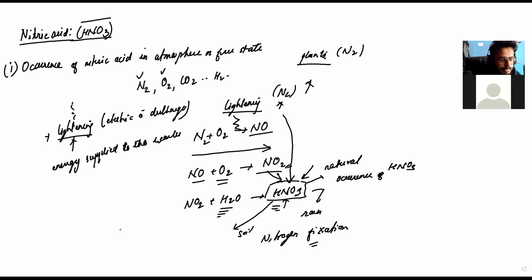Now, there is laboratory preparation of nitric acid. The statement read something like: a low volatile acid can produce a high volatile acid.